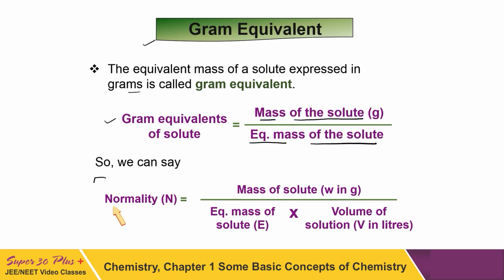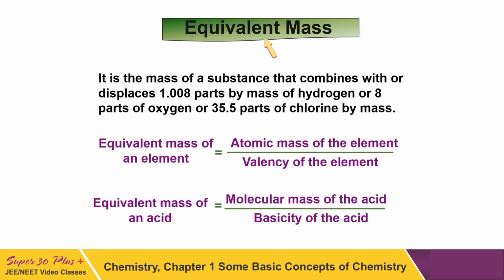So the formula of normality will come like molarity: mass of solute in gram upon equivalent mass into volume of solution V, but it should be in liters. If it is in milliliters, then you multiply it by 1000. Right?